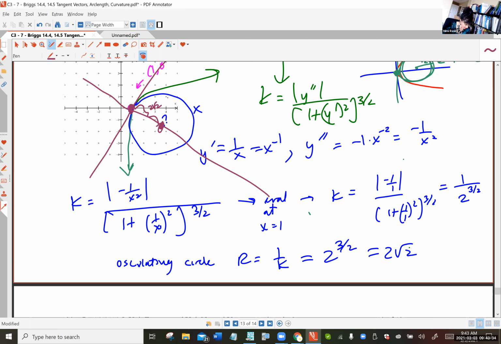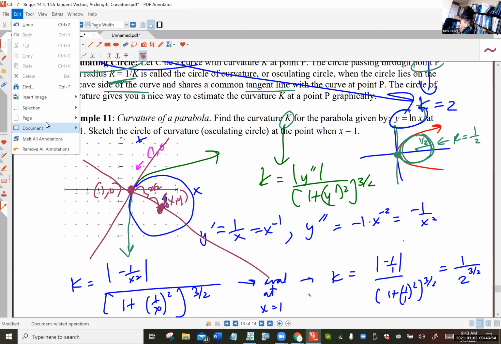Okay. Why is that going to help us? So here's the plan. I don't know what the center point is. I'm going to just put coordinates x, y. But I do know the distance between x, y and the point 1, 0. So here's what I do know. I'm going to start using the distance formula.